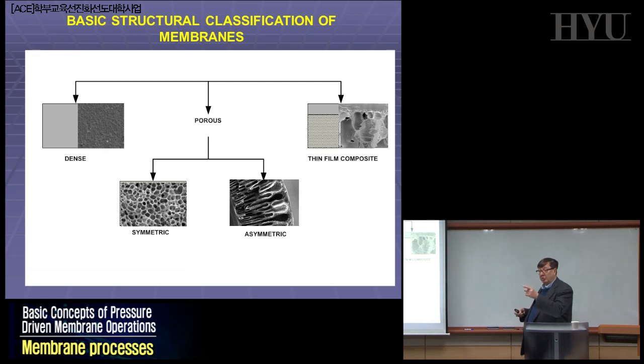Or you will learn a methodology called phase inversion, thermal phase inversion or phase inversion, NIPS or TIPS, which will become familiar to you. You will be able to realize this kind of structure not using 2 different materials, but from a single material.